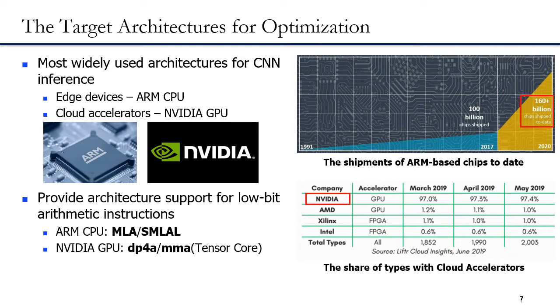These architectures provide native support for low-bit arithmetic instructions. For example, there are MLA and SMLAL instructions on ARM CPU, and there are DP4A and MMA instructions on NVIDIA GPU. So we focus on low-bit convolution optimization on ARM CPU and NVIDIA GPU.